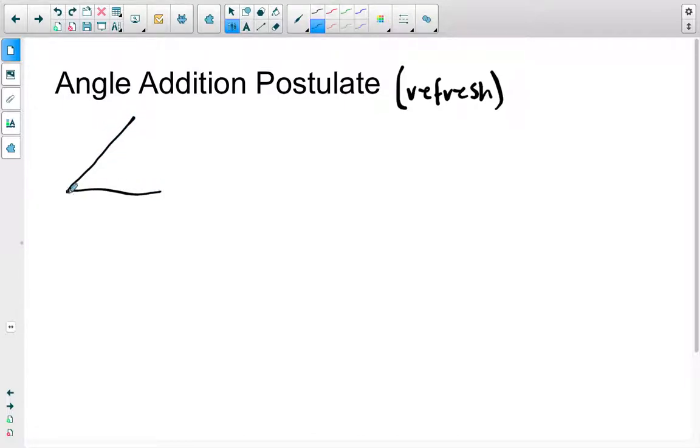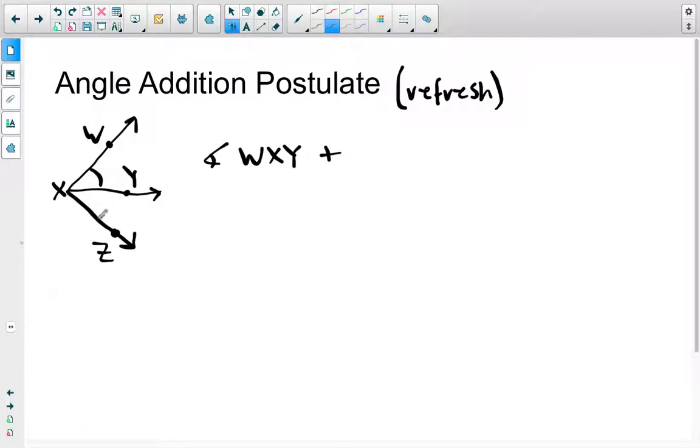If we had this drawing here, let's say these are my points W, X, Y, and Z. My angle addition postulate would say that angle WXY, which is right here, plus my other angle here, which you could name as angle YXZ, add together to equal the whole angle, right?